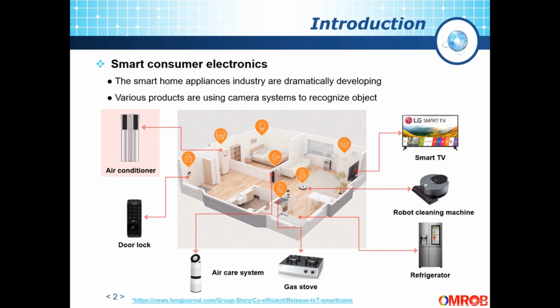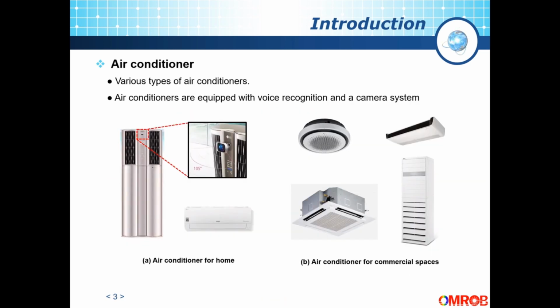The goal of our study is air conditioners. The types of air conditioners are standing type, wall hanging type, and ceiling mounted type. Depending on the installation site, they can be divided into commercial and home.